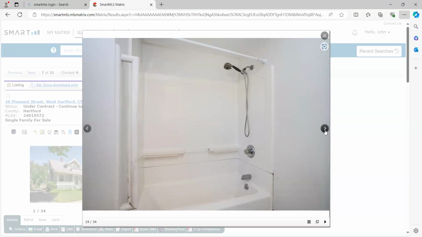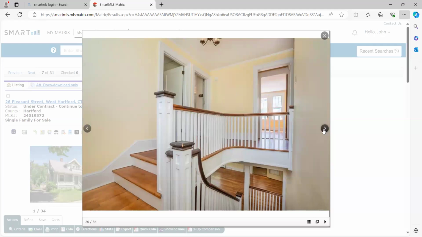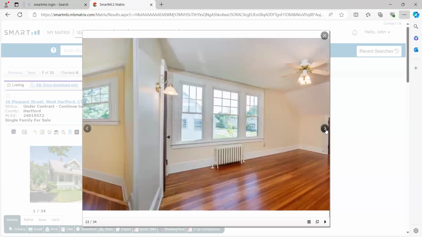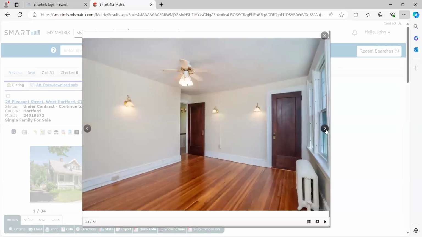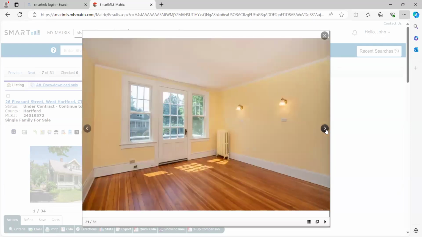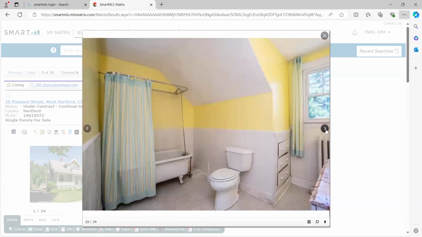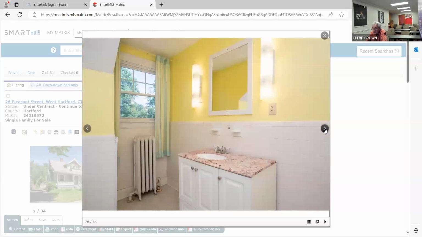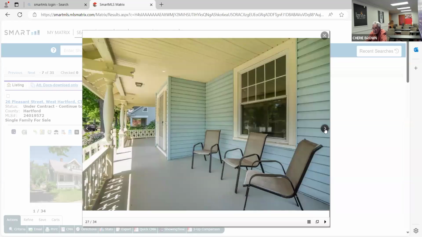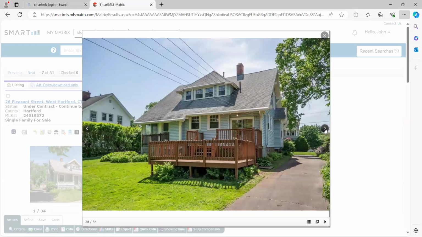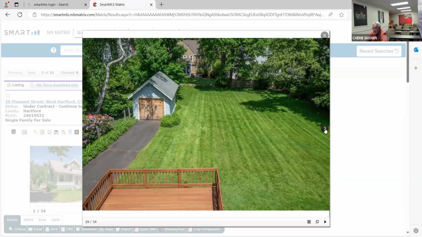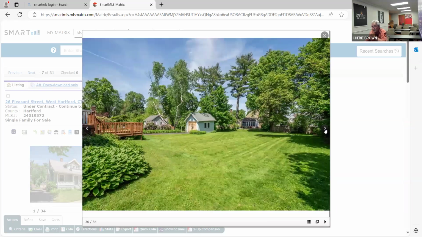Yeah, it needs some work. But the backyard is attached, a nice little yard, nice deck.